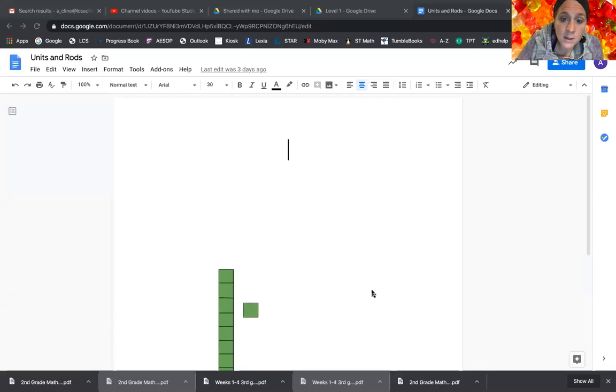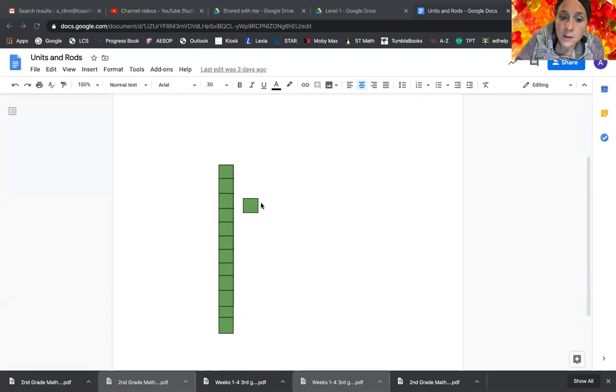This is April, week 2, day 1 for math, and we're going to continue working with our rods and our units. So let's go ahead and just do a quick review. If you look at this that I have here, you remember this right here is a unit or a ones.